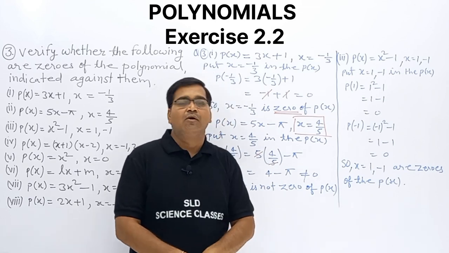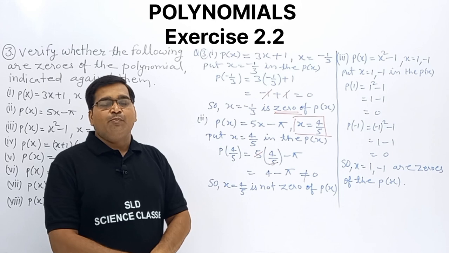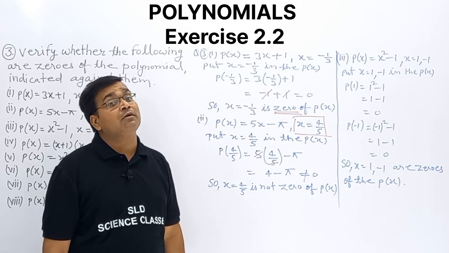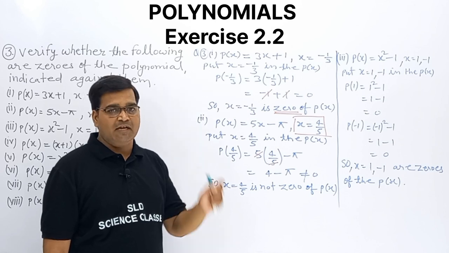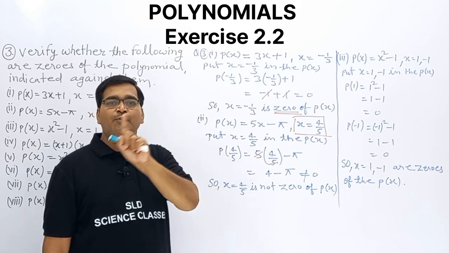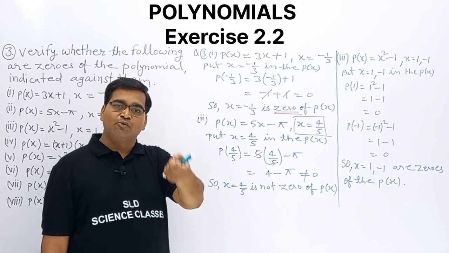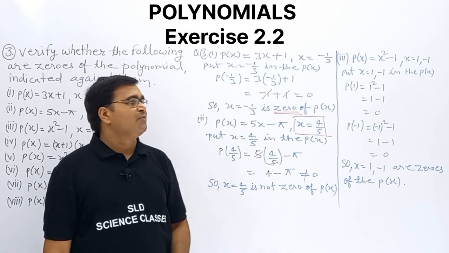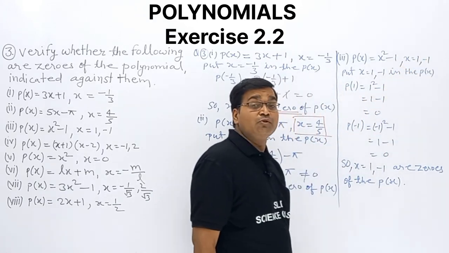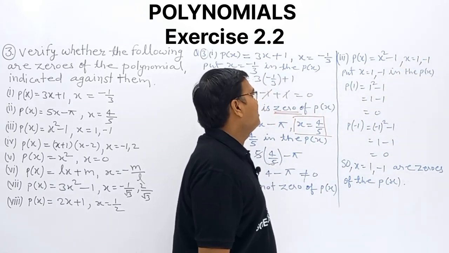We already know a quadratic polynomial has degree 2, so its factors will be 2 and its zeros will be 2. So we have x equal to 1 and minus 1, two values, as the two zeros of this polynomial.